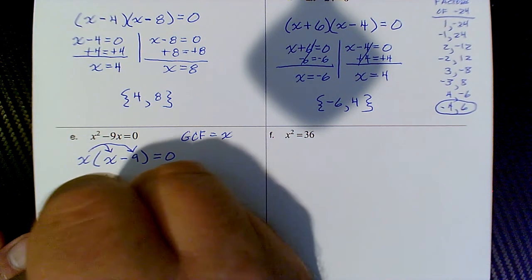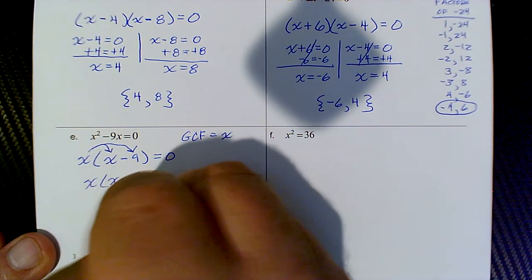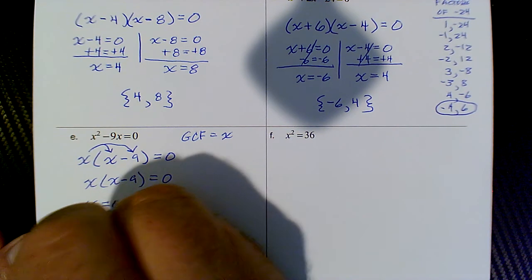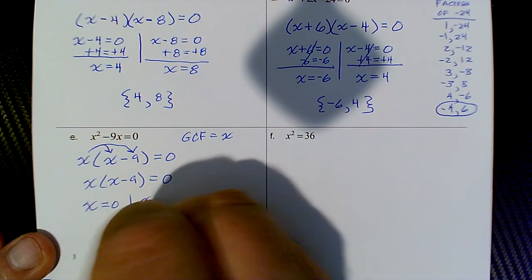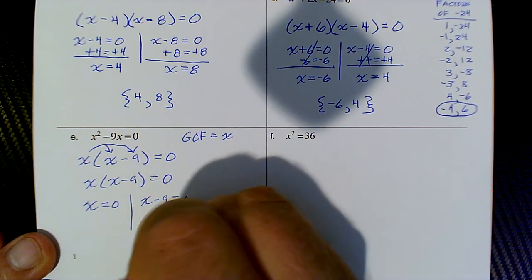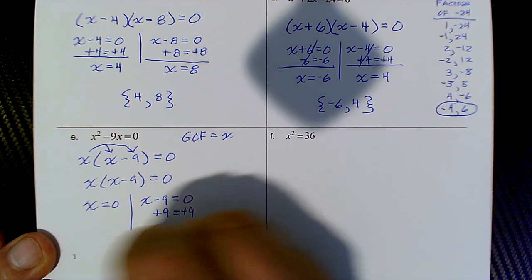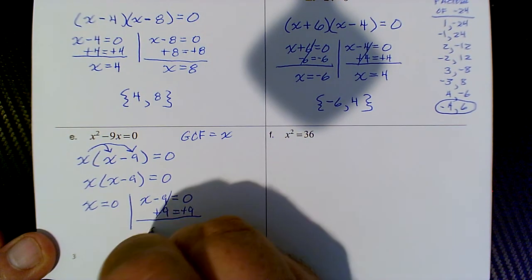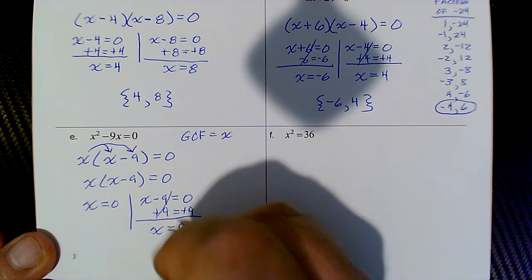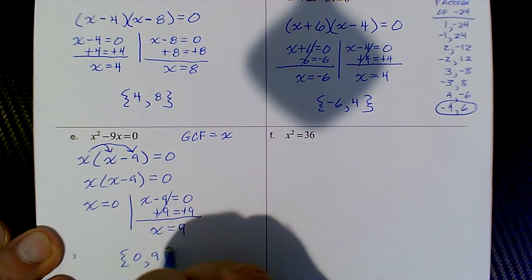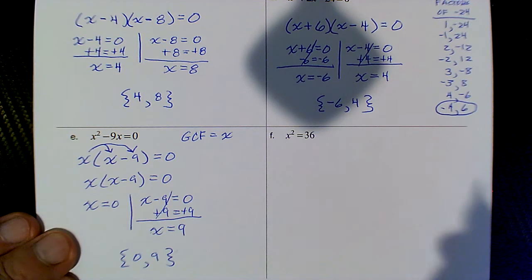Let me just take those arrows out of there. I'll just recopy it. And now we set each of those factors to 0. So x equals 0 is a solution, and then x minus 9 equals 0 is the other solution. We need to solve that second one, and we get that x is 9. So the solution set there, 0 and 9.